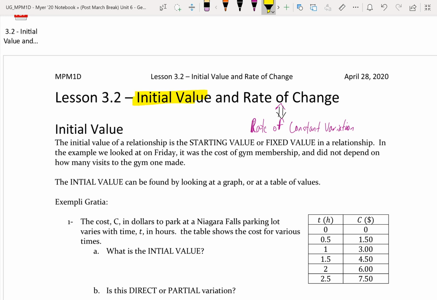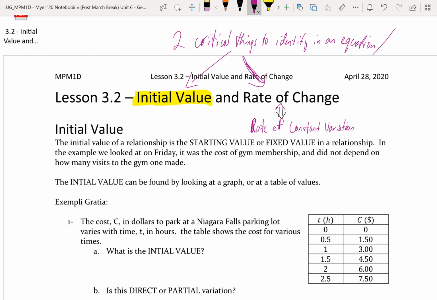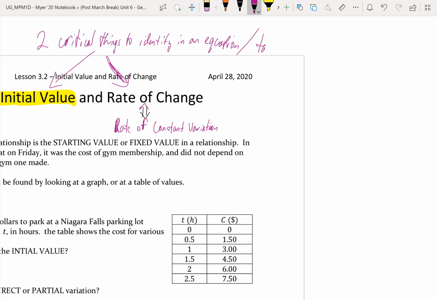These are our two critical things to identify in an equation or a table of values. In this case, we're going to look at a table of values.